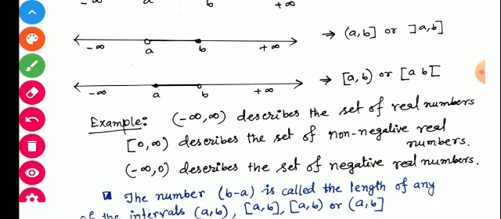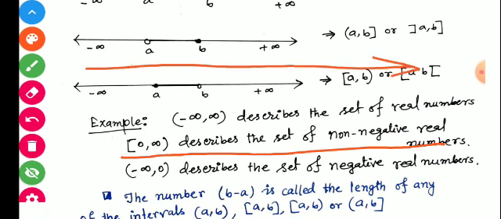Similarly, the interval from 0 to infinity, closed at 0 and open at infinity, describes the set of non-negative real numbers. Why? Because if you take 0 somewhere here, we have taken all the numbers from 0 to plus infinity.